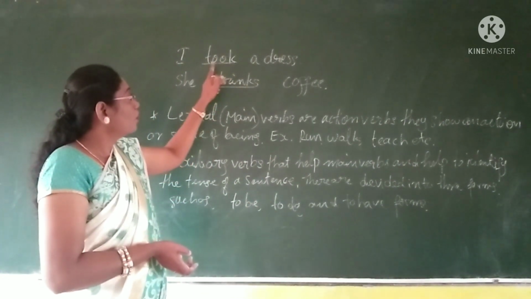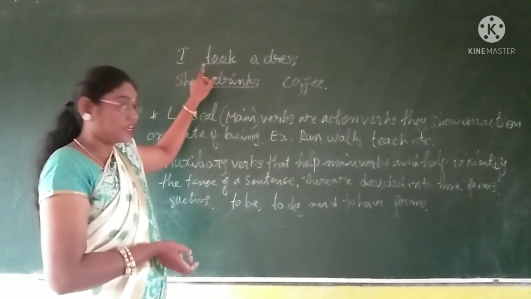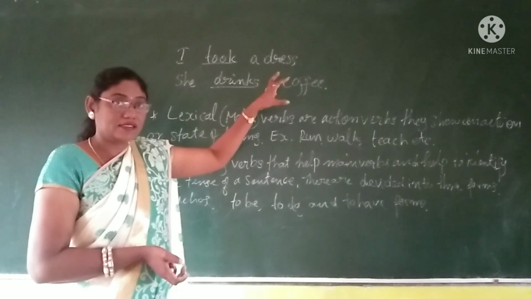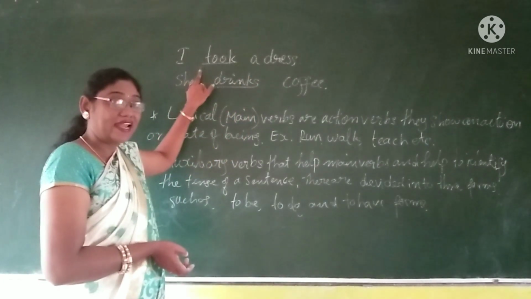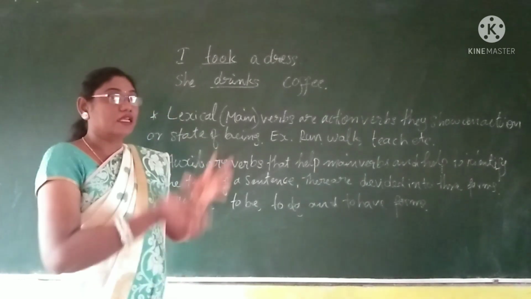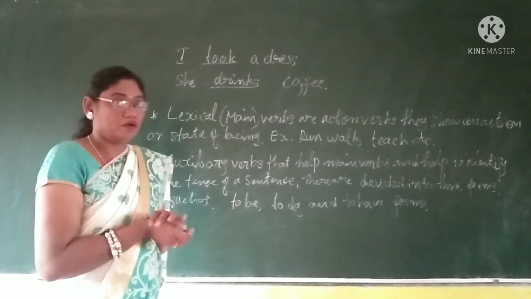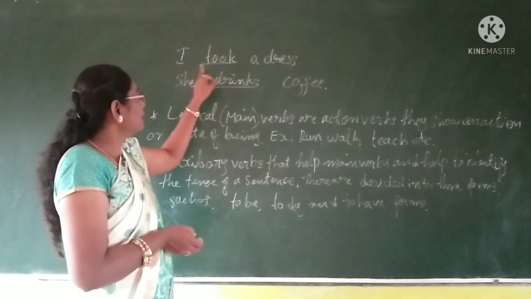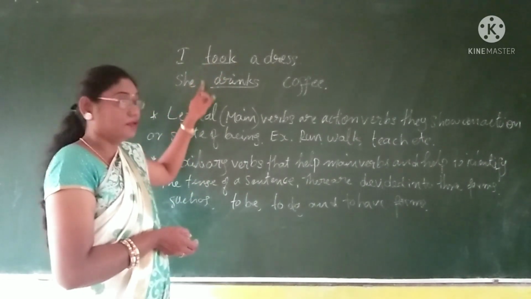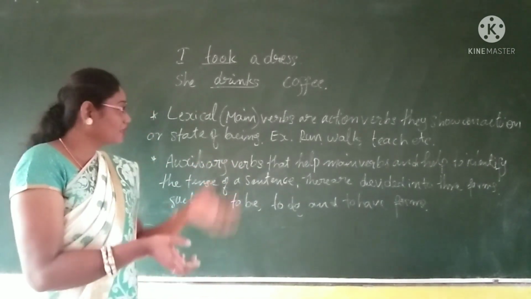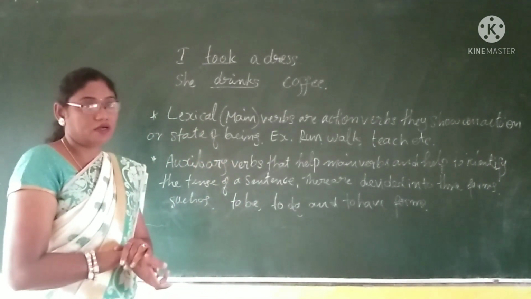See, with this action verb, it gives complete sense and it stands alone in a sentence. There is no need of any helping verb in this type of sentence. So these types of verbs are called action verbs or lexical verbs, or main verbs also.